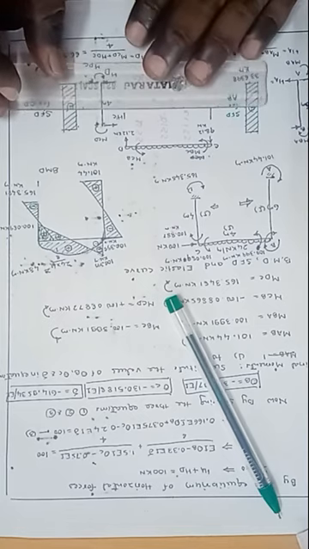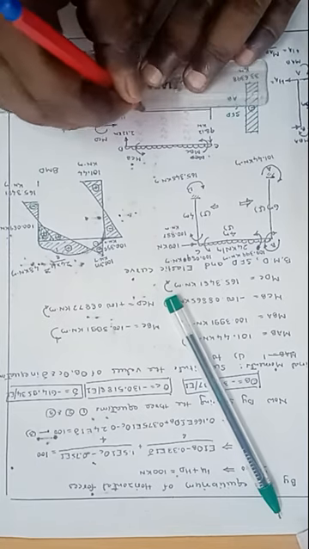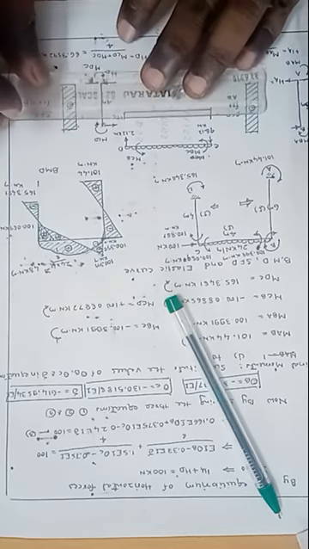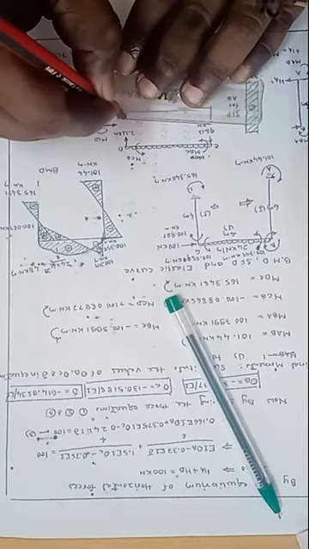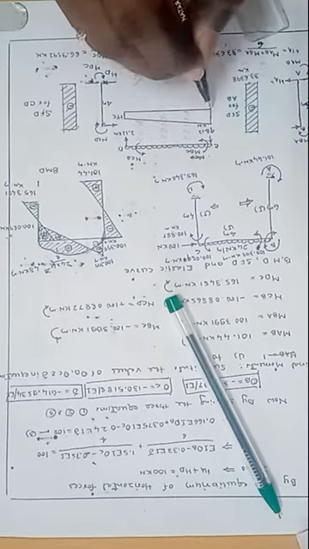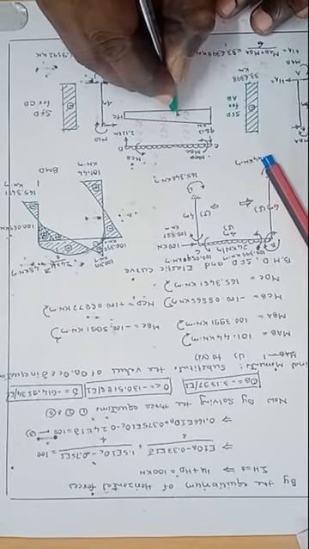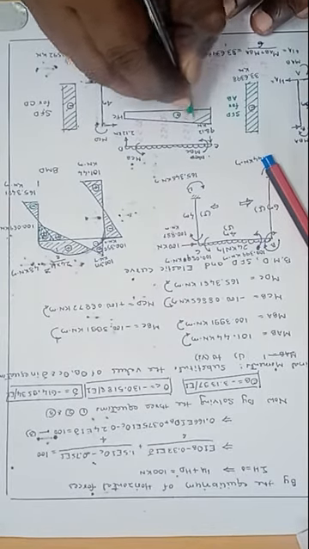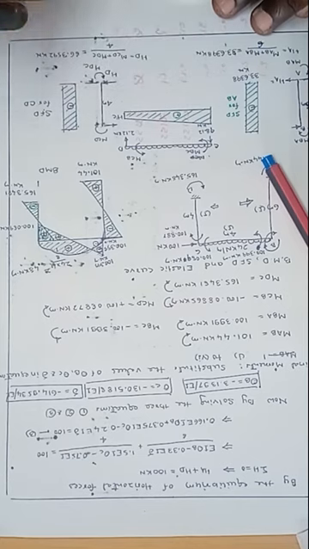This one is the shear force diagram for this one. This is the shear force diagram. This one is positive shear force diagram. This is the shear force diagram for this portion.